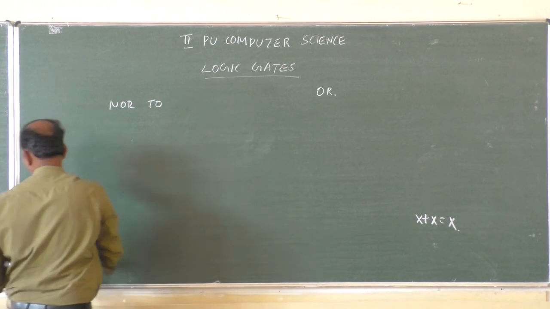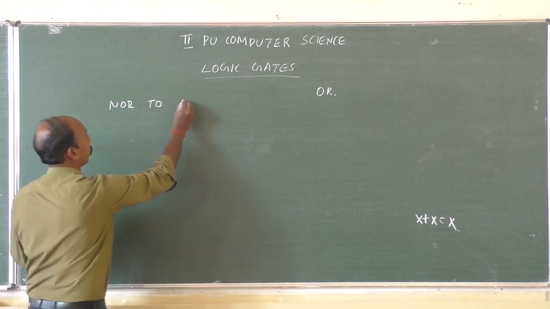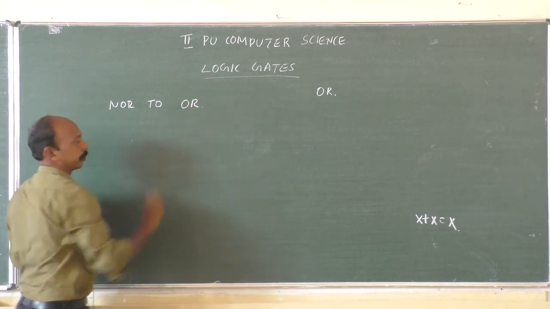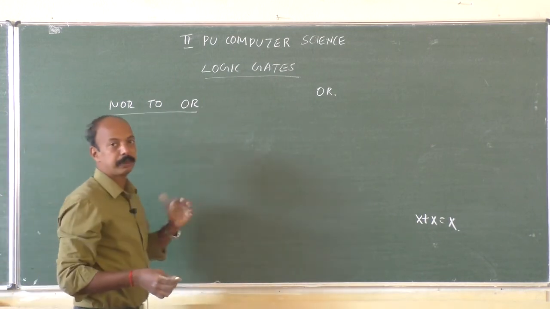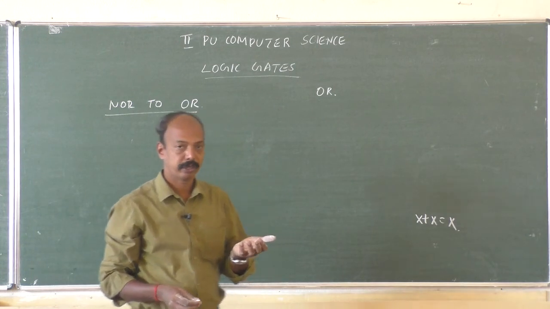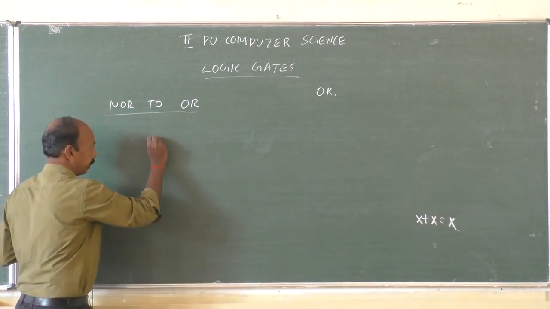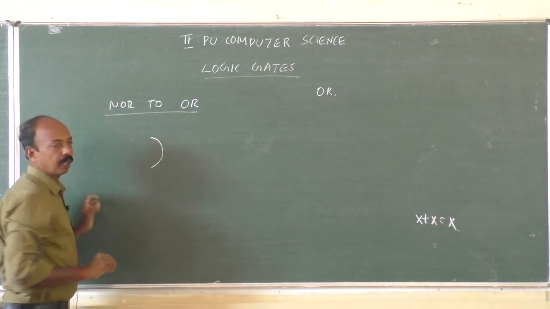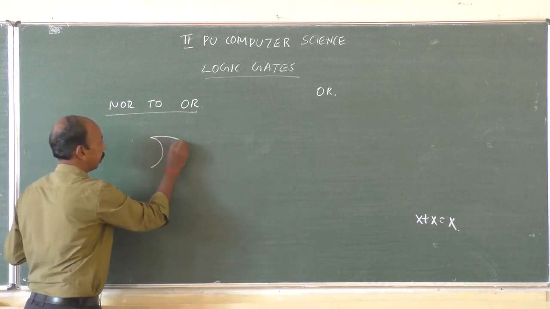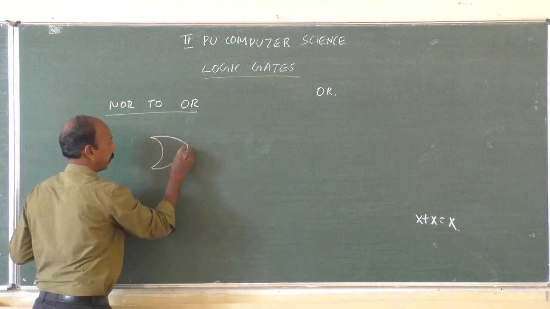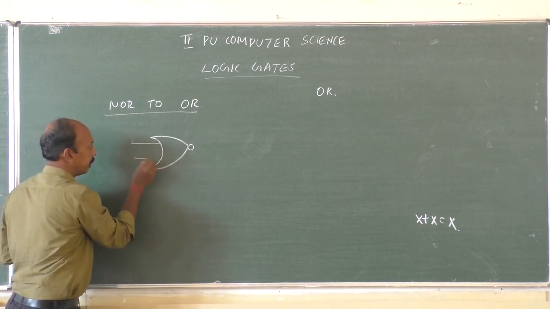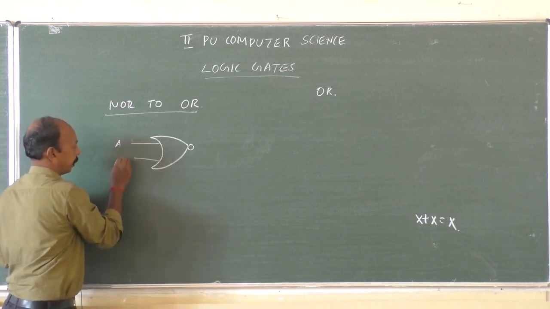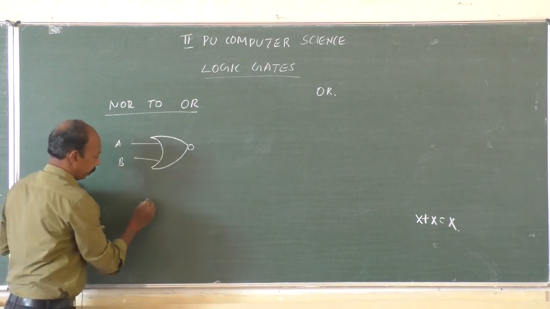NOR to OR. Again, the diagram is the same as the previous one, just replacing NAND with NOR. So here in the first level, what we have? The first level, we have a NOR gate, input A and B. So what we can write?